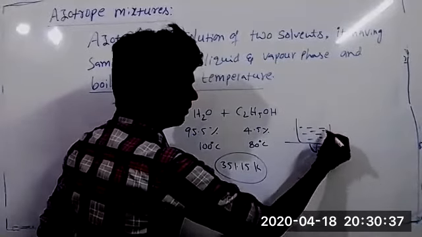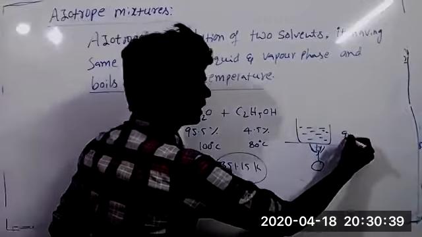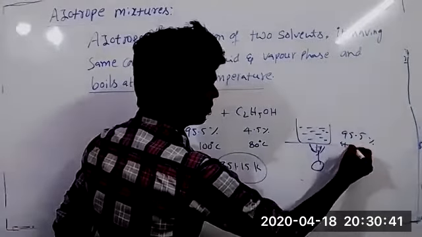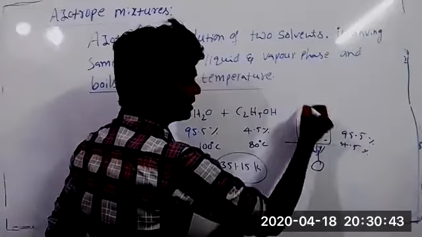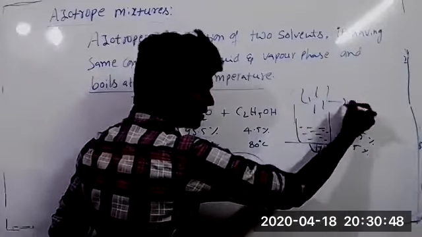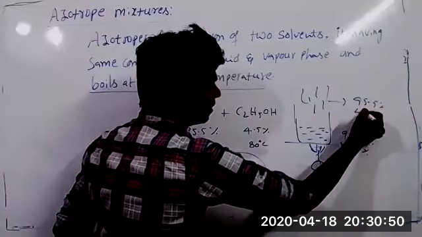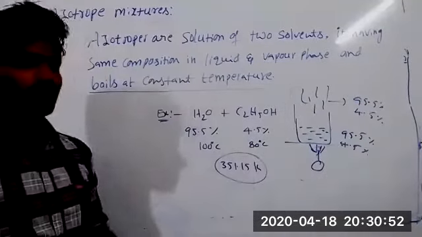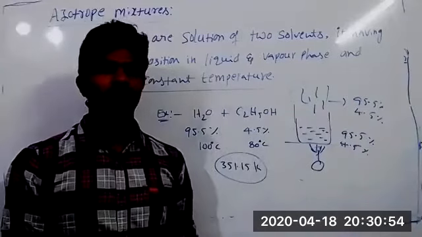In the liquid, both are in this composition, 95.5% and 4.5%. When you heat this, vapors come. This vapor also maintains the same composition, 95.5% and 4.5%. So such types of liquids are called azeotropes.